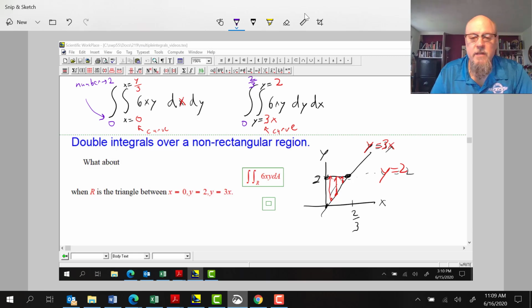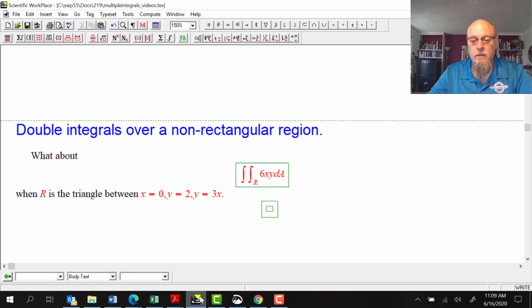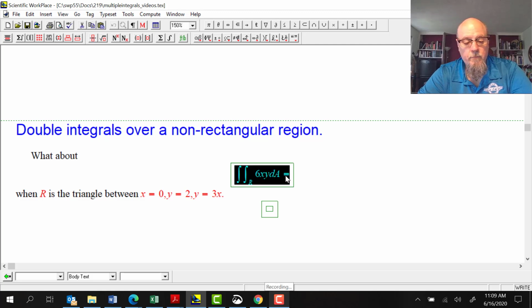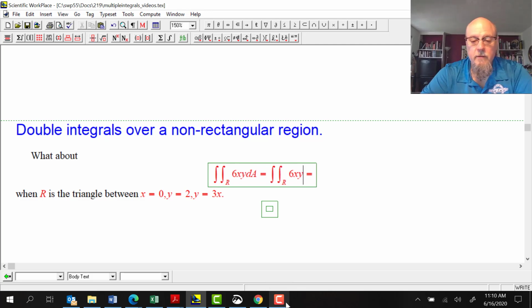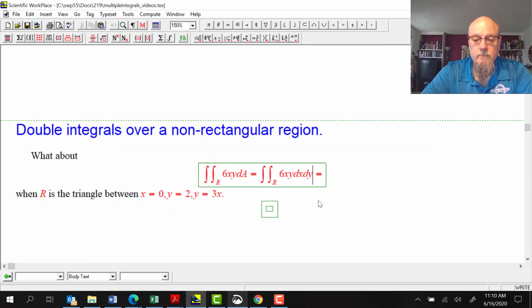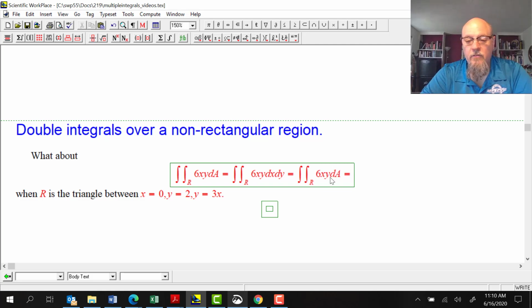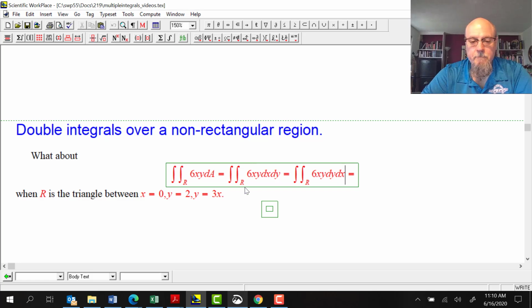Now, why would I pick one over the other? Sometimes one integration is easier, but right now these are equally straightforward. Let's mechanically bang these out then. Our first choice was we did dx and then dy. Our second choice, we did dy and then dx.